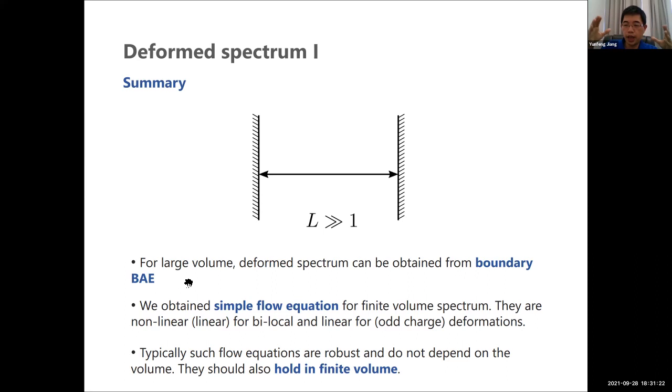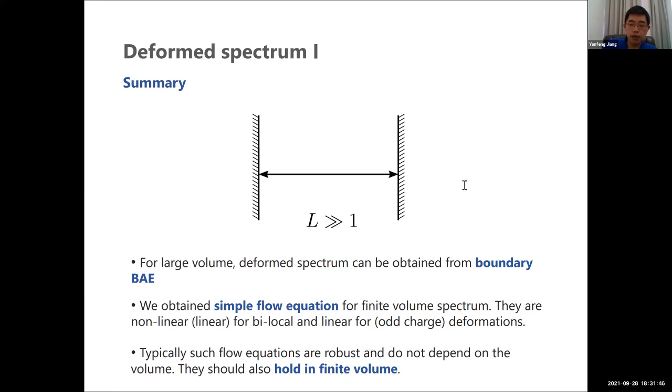So if they are valid in the large volume, they should also be valid in the small volume. This is the case for the periodic boundary condition, and we also expect that it should hold here. Actually, for the TTbar deformation, it should also hold for non-integrable quantum field theories. That's our expectation.